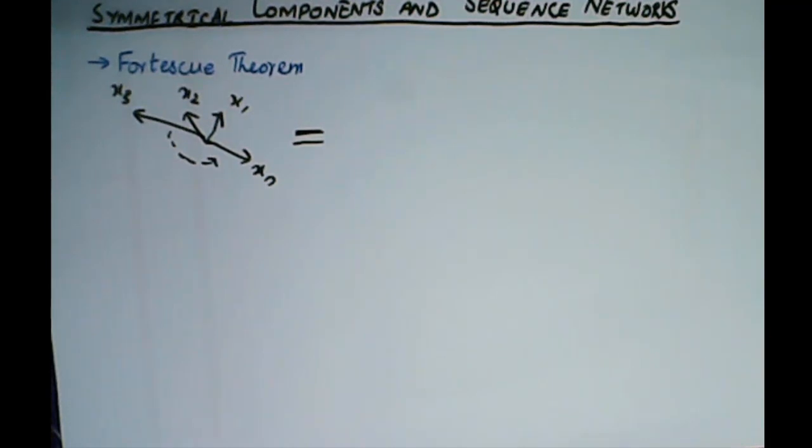That is, an unbalanced set of n phasors can be resolved into n sets of balanced phasors, and each set is called a symmetrical component of the unbalanced phasors.